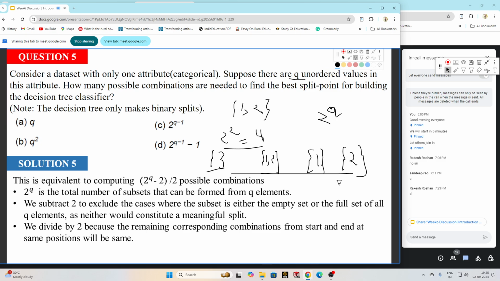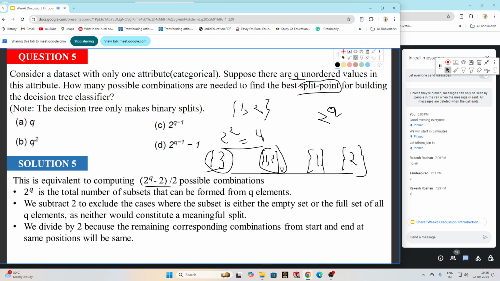Now what happens in this subset is these 2 things, that is this empty set as well as this full set, these 2 are not considered, because we have to do the split.